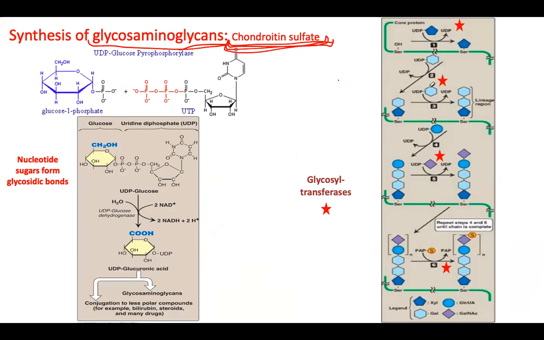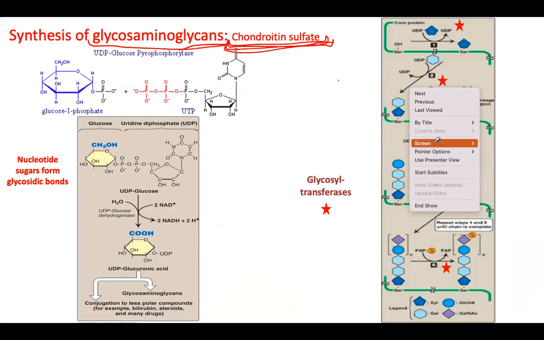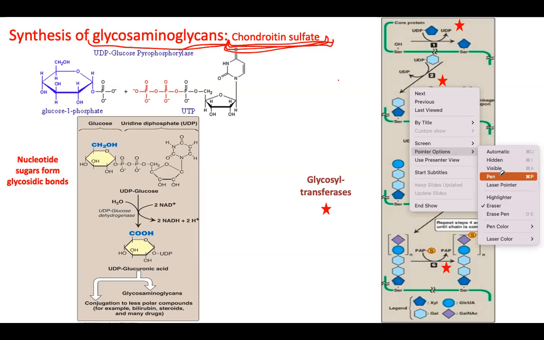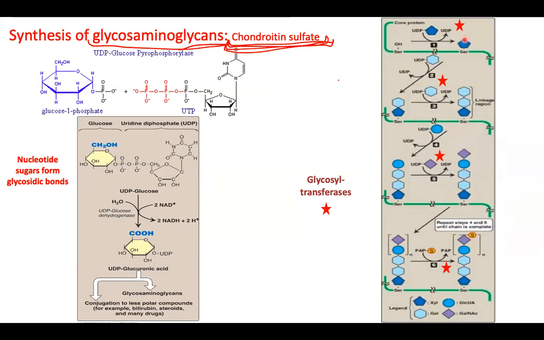The other thing they want you to know is that I can't just add on my sugar directly. You see this sugar, I can't add it on directly. I first have to add this molecule, which is called UDP, to my sugar. Once my UDP is attached to my sugar, I can incorporate it into the chain.